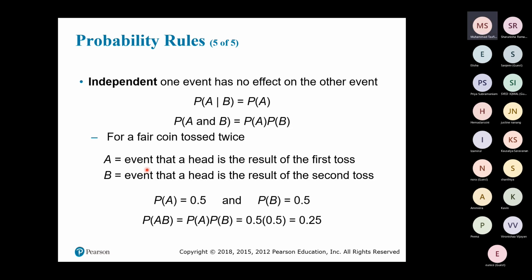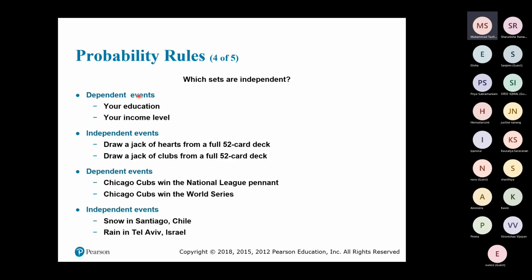If the events have no effect on one another, this one is for independent events. For example, here, you pull the jack of heart, and after that you pull the jack of club.